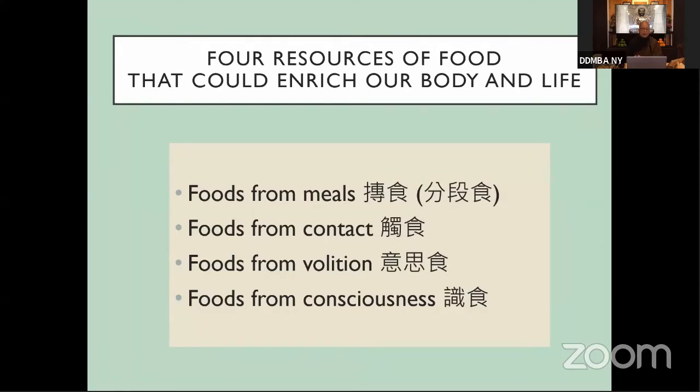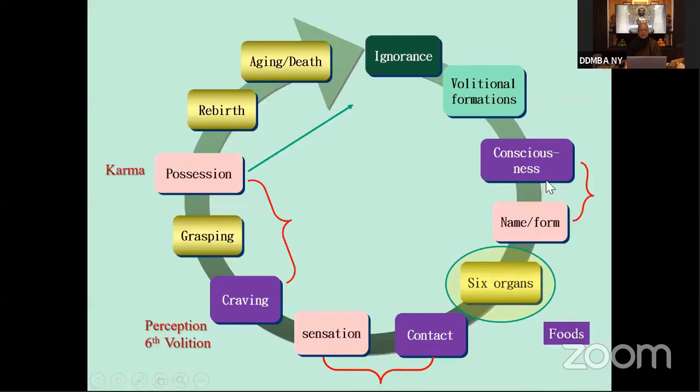And how about the food from the consciousness? I have talked about that. This is basically the consciousness that enters into the embryo, and then it enriches the development of the name and the form, and further enriches the development of the six organs.